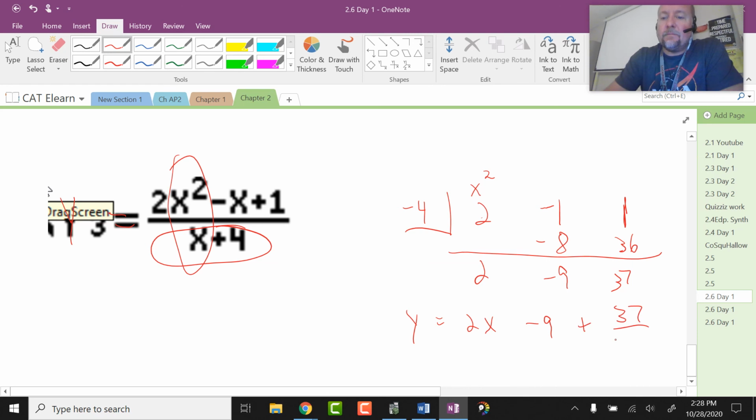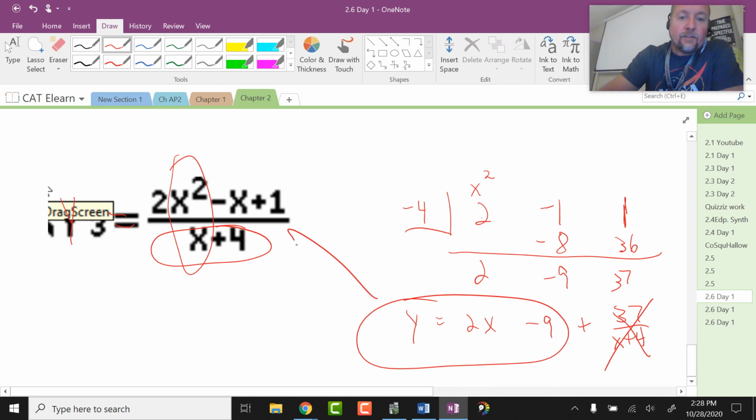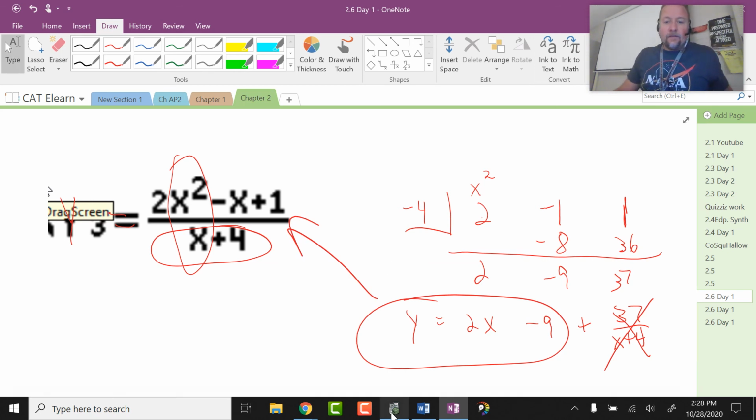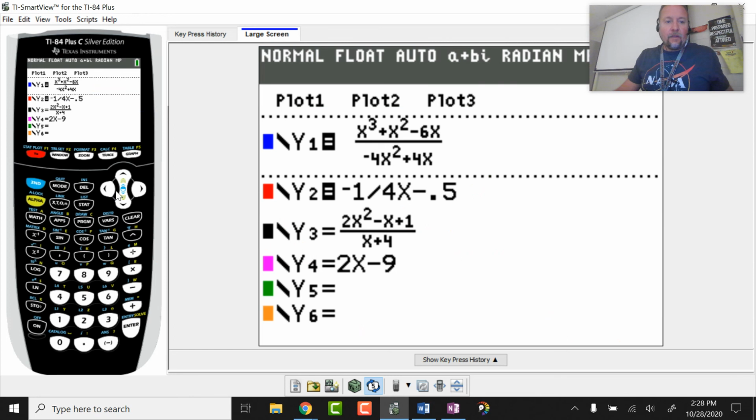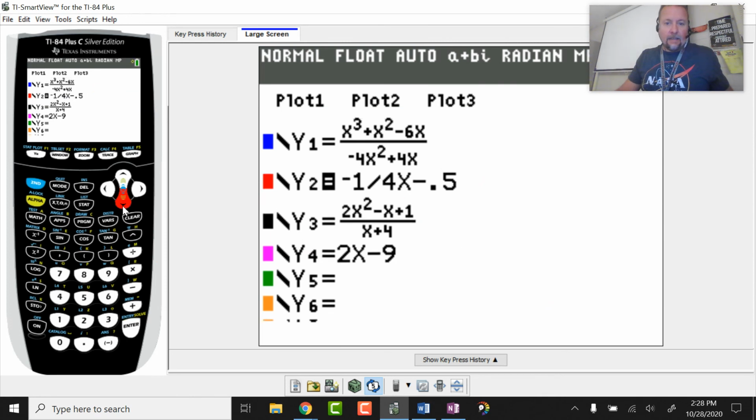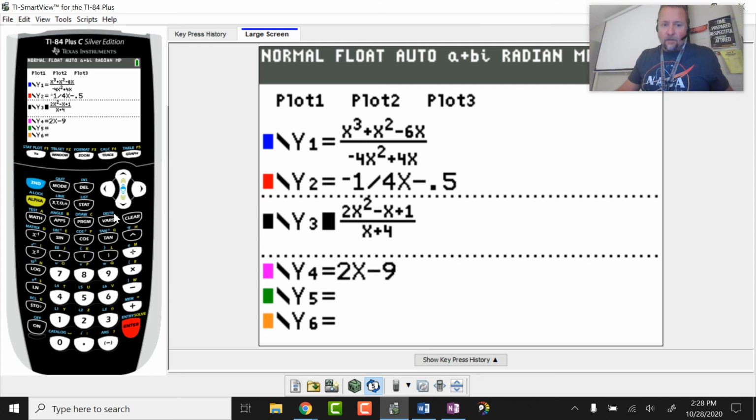For slant asymptotes, fine, you can write it, but this part is irrelevant for what is the slant asymptote for this graph. And then I went to the graphing calculator and graphed that and showed that 2x minus 9 is the end behavior of this particular situation that I just made up.